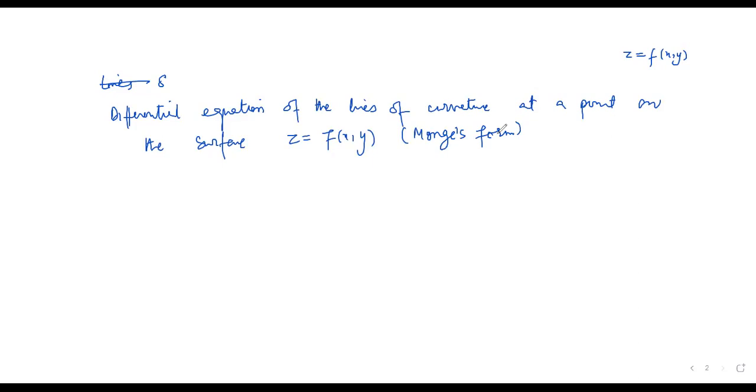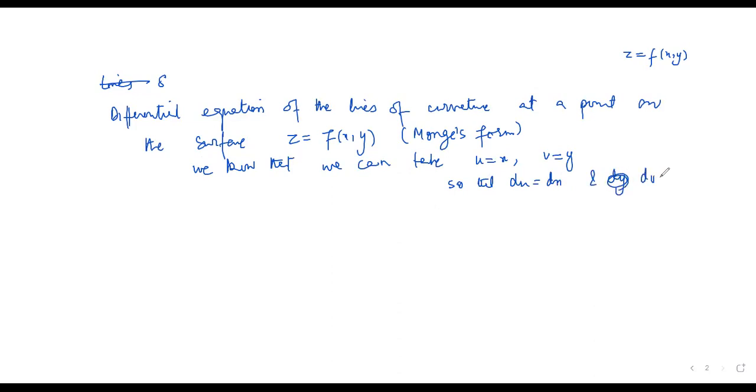You cannot always do it, but in case we have such an equation, we know that we can take u equal to x, v equal to y, so that du is equal to dx and dv is equal to dy.